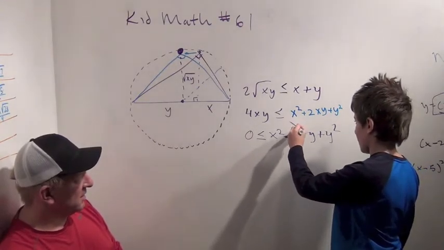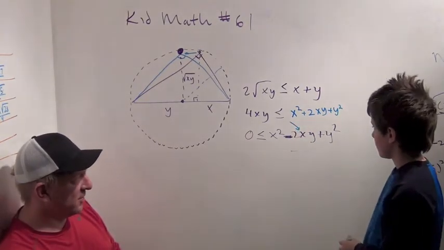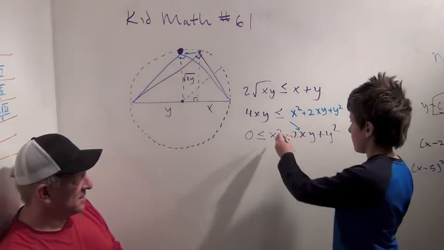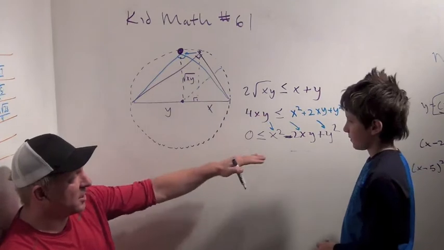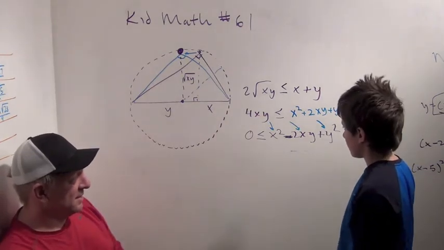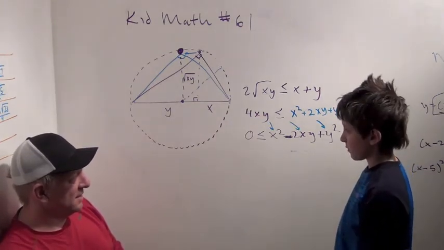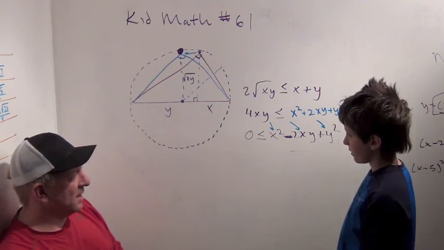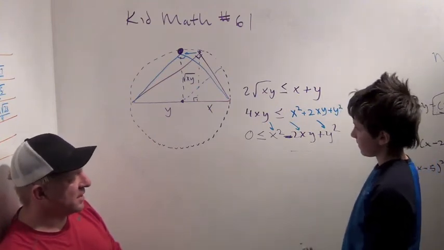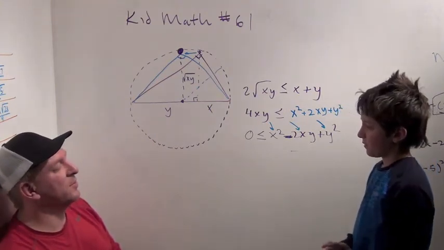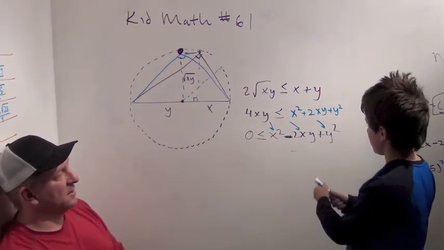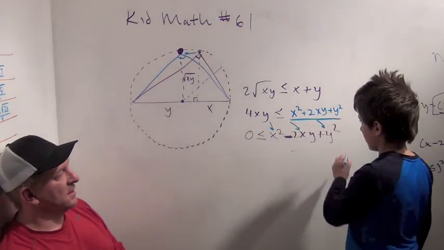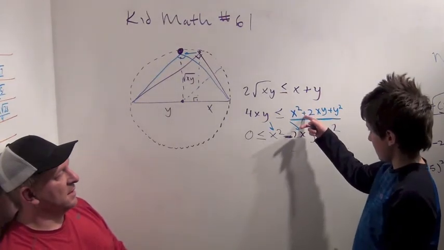You have 2xy here, and an x squared and a y squared. It looks like a difference of squares, almost. It also looks like something else you wrote on the board, exactly the same as this up here, except this is a minus instead of a plus.